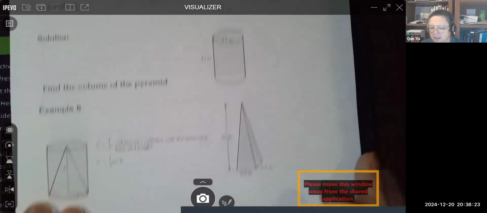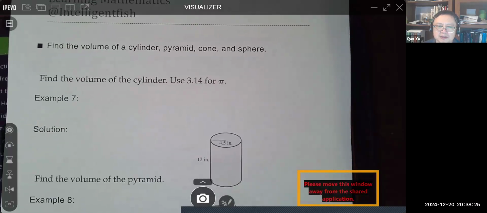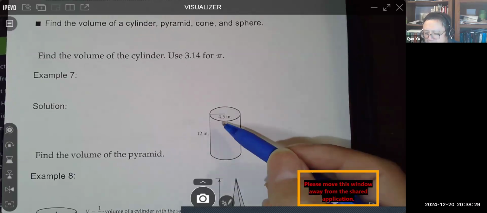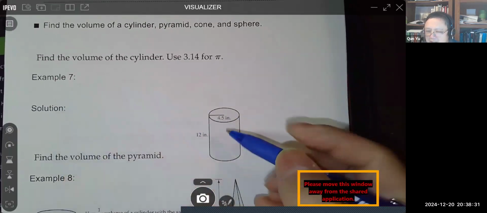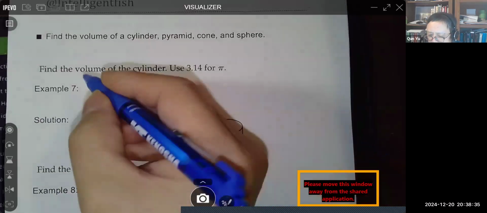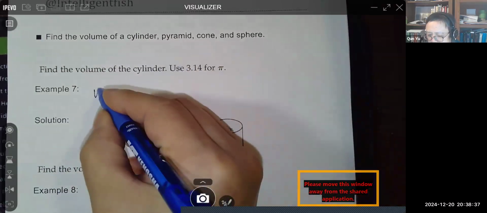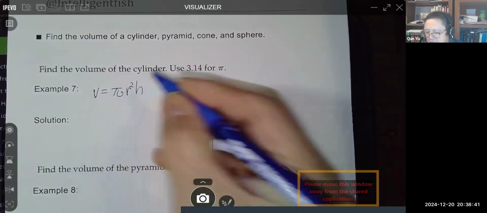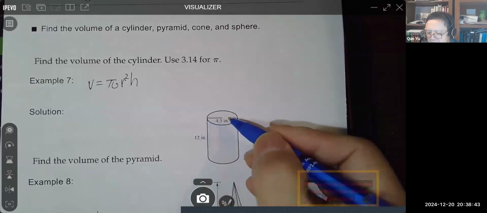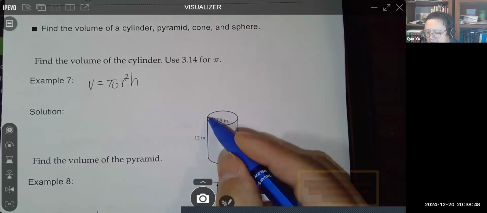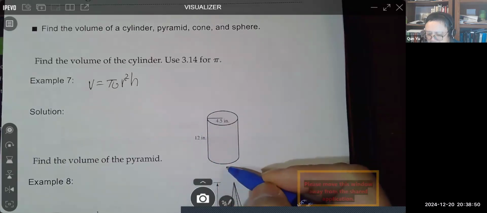Now, some volume problems. First, we are looking for the volume in this example 7 of this cylinder. The cylinder volume formula is pi times r squared times h. R is the radius of this circular base, and the height is the height of the cylinder.